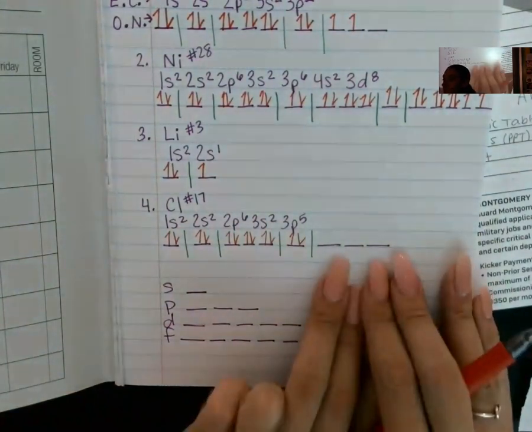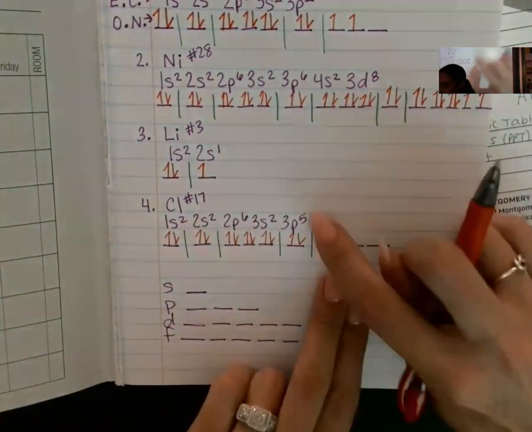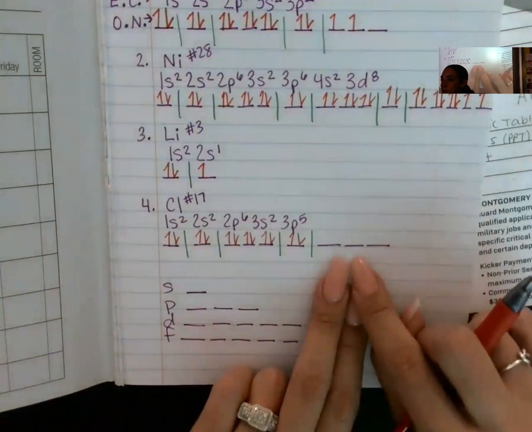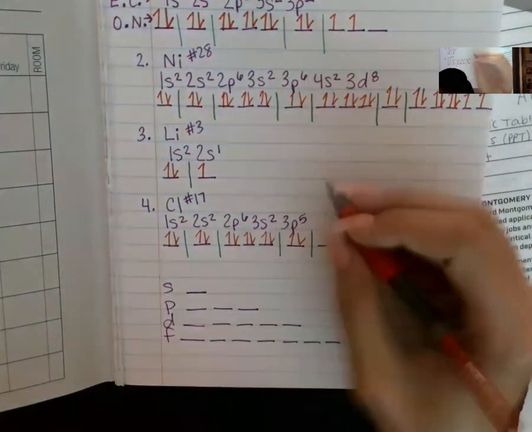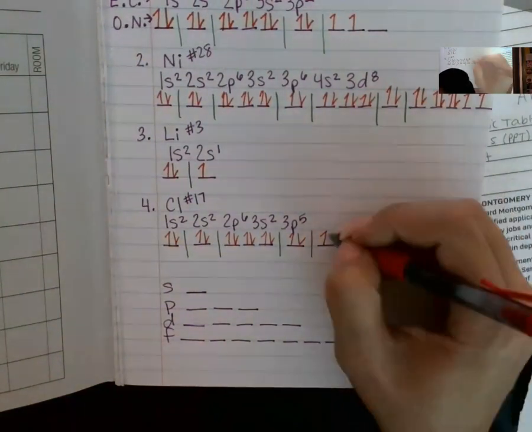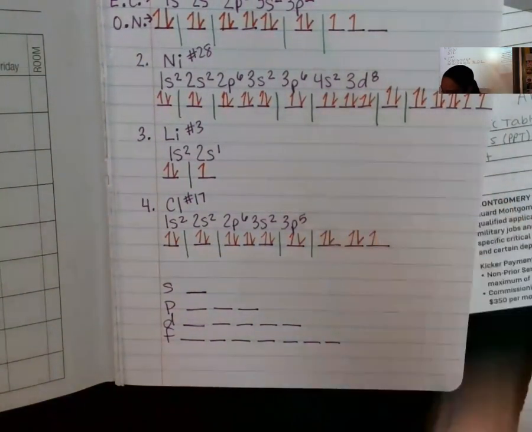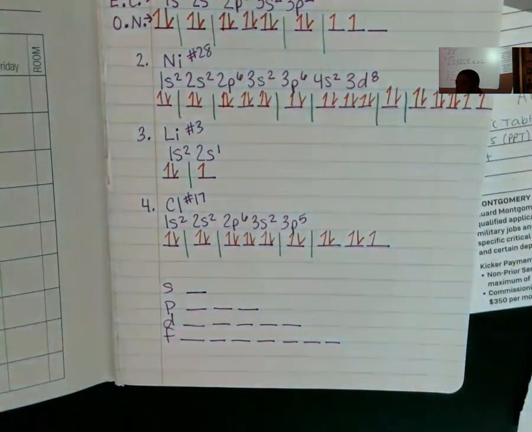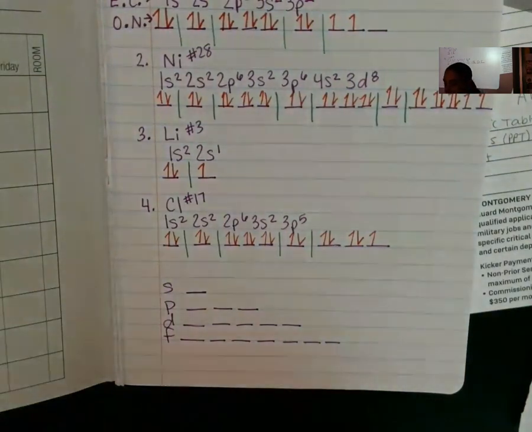And then we can focus on the last section. There's 5 electrons, 5 arrows in the last 3 spaces. So they're going to fill in 1, 2, 3 first, and then come back and do 4 and 5. All right, so those are your examples.